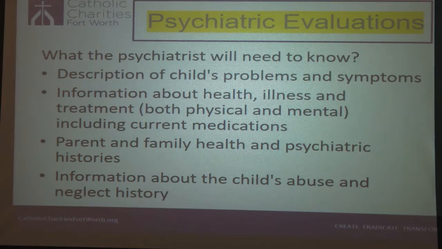Caregivers have crucial information to share, YS and foster parents. So a child's treatment includes the healthcare providers. This is information they need to know. So if there's things that you know about this child, you need to tell the psychiatrist so that the right decisions can be made as to whether they need medication.